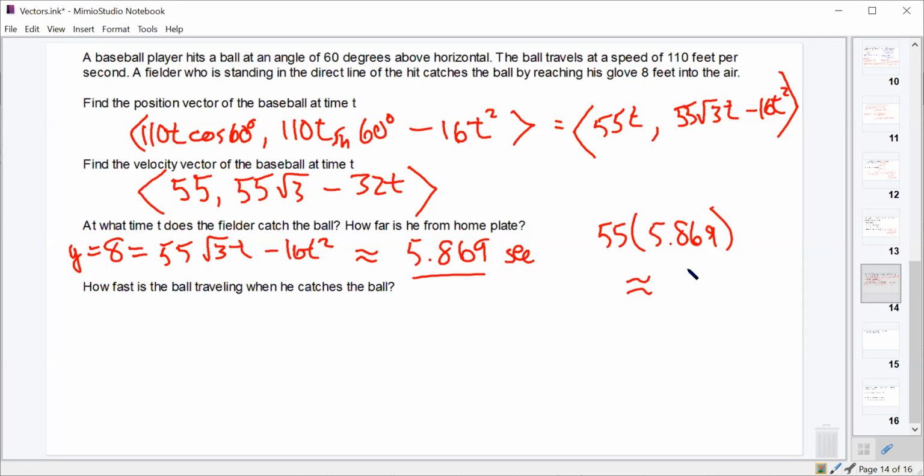Should be 300 something, I guess, right? 322.795. And what was this in feet, right? Everybody good with that? Any questions on that so far?